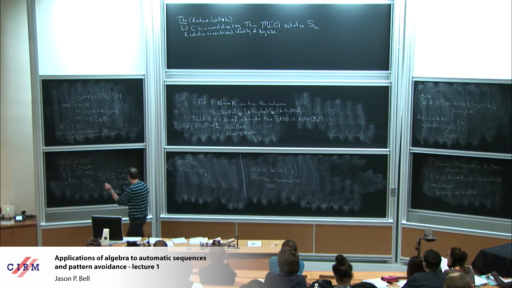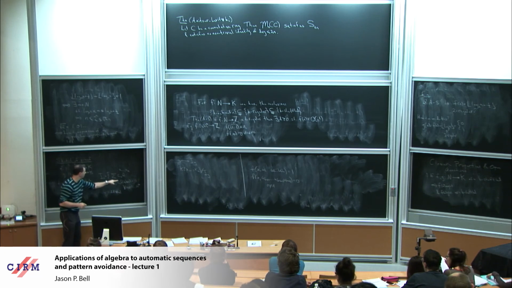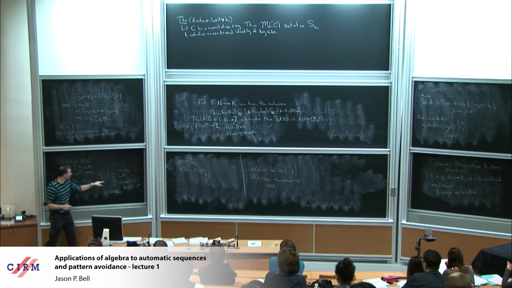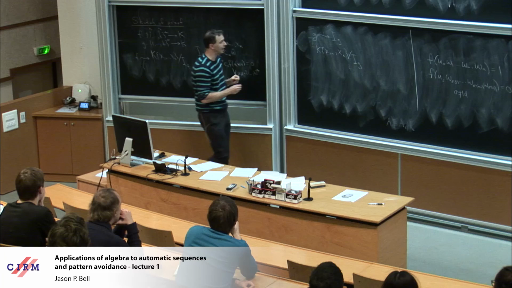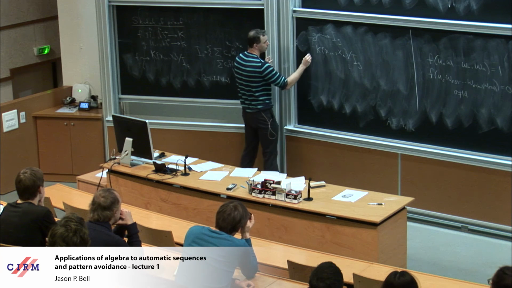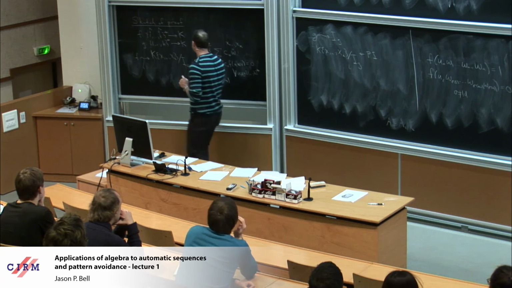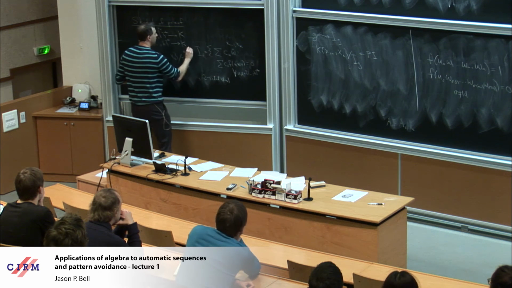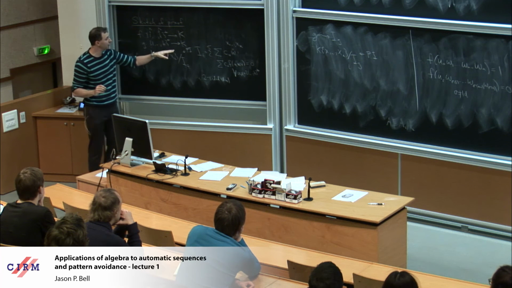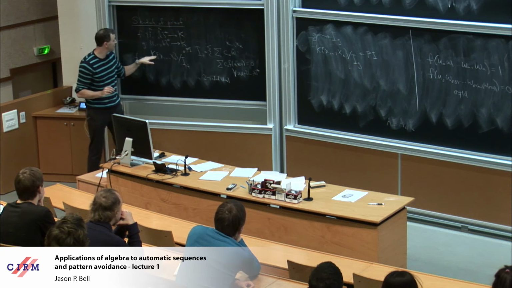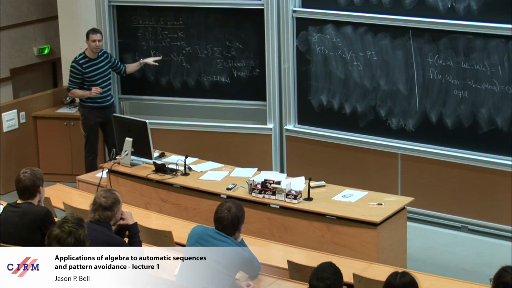Now, here's the fact. Because F is shuffled, it satisfies some identity. So you can check that these algebras are actually PI. So the fact that F satisfies one of these shuffle identities gives me that this algebra satisfies a polynomial identity.